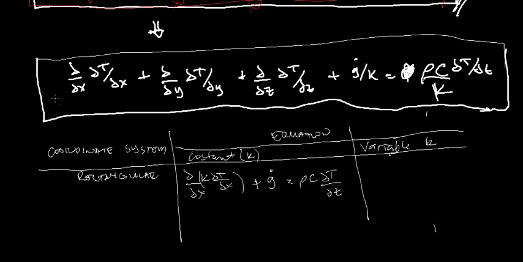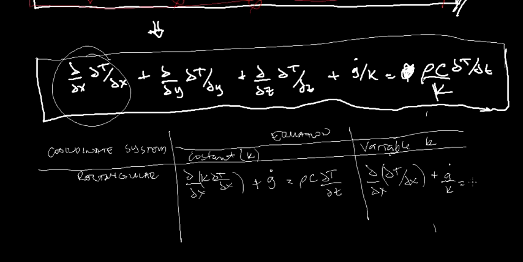And once again, if we consider the flow of heat is in one direction, say for x alone, then we can have our equation as the partial derivative of the partial derivative of T with respect to x, and we disregard the rest, plus g over k, equal to rho c over k dT/dt.